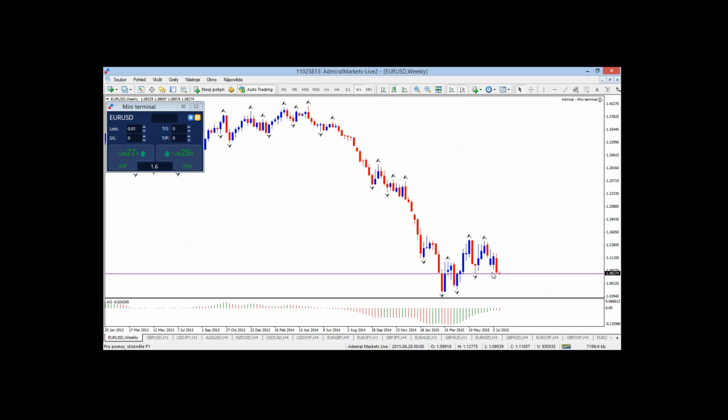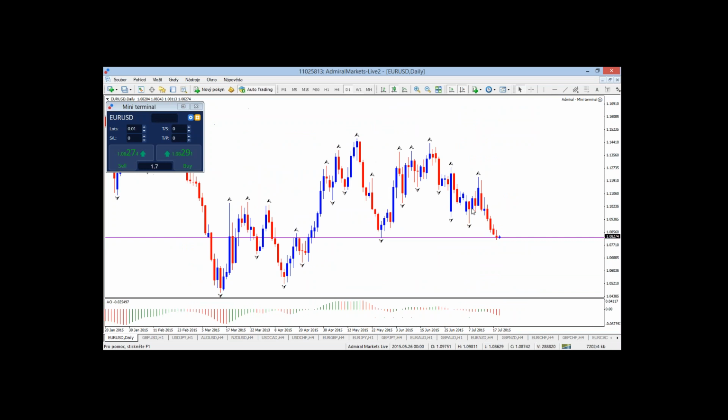But if it does post a strong daily candle close below this support line, then in that case, we might see a break, and who knows, this could be the end of this correction, and perhaps something like this, for instance, and that could be the start of the downtrend.